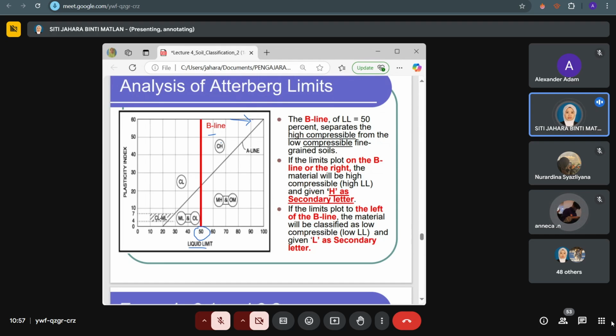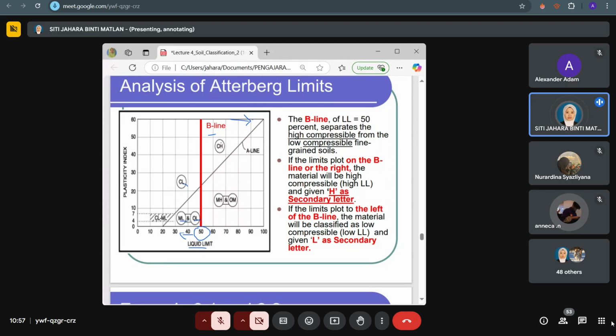While left of the B line, which is less than 50% liquid limit, the soil is considered low compressibility, denoted with L as the secondary letter.